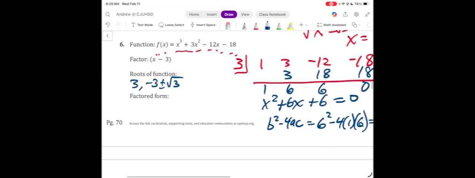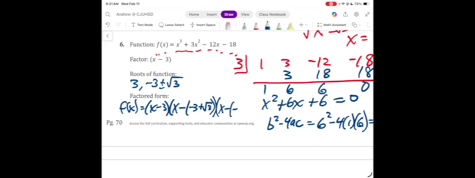For factored form, we've got x minus 3 and then x minus negative 3 plus root 3 and x minus negative 3 minus root 3.